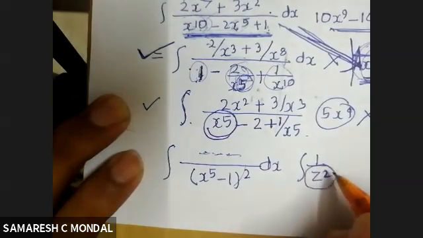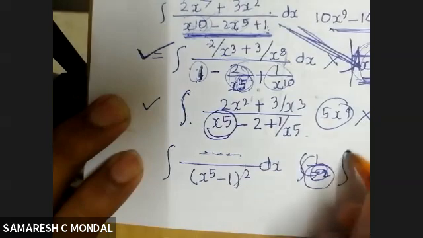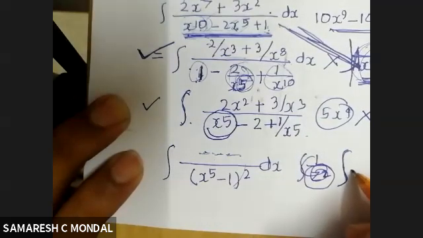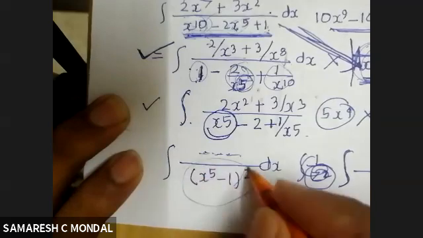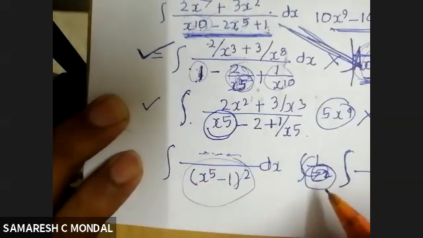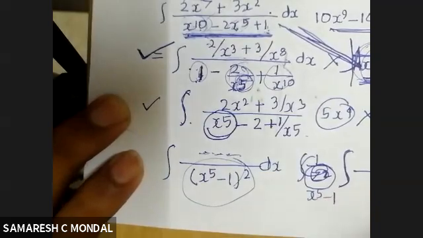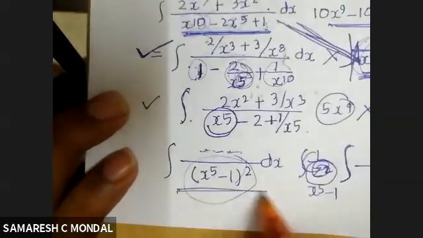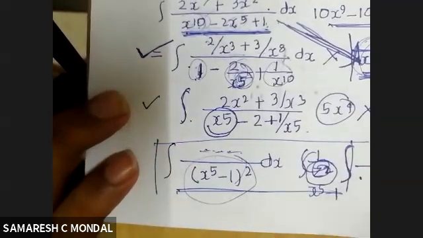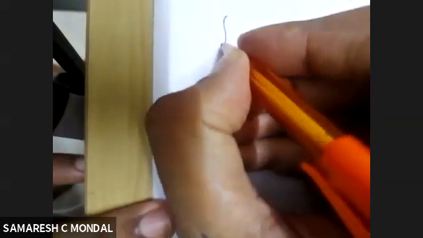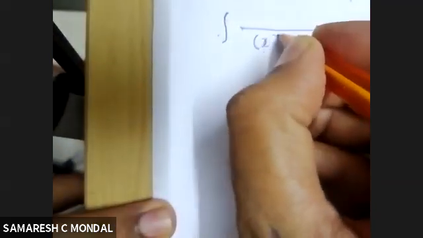Here I'm not able to explain you properly, 2 minutes. I'll solve the problem, then you'll understand better. I'm turning the page. So the numerator, what I'm trying to say, was x to the power 5 minus 1 the whole square. And the numerator was 2x to the power 4 plus 3x square. I hope I'm right. Yeah, correct.